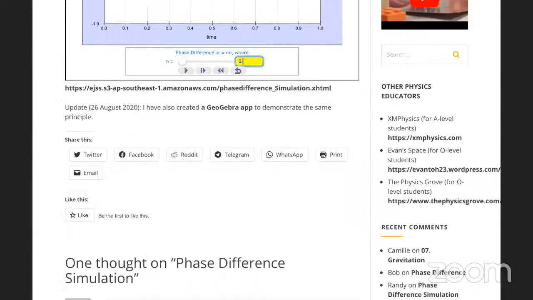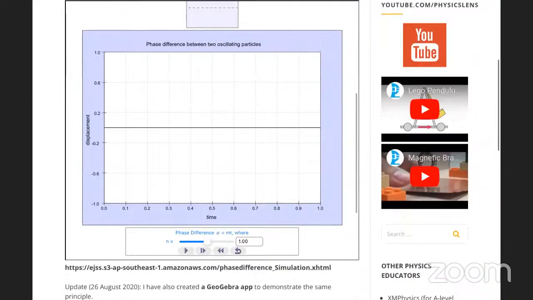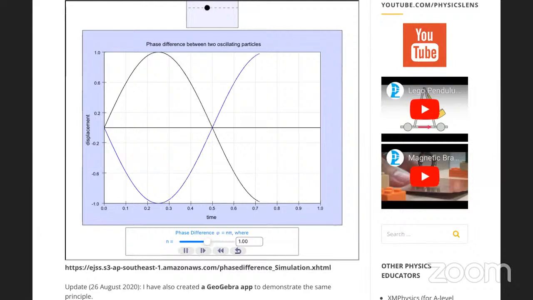So now, let's do 1 pi. There's a phase difference of 1 pi. So one leading the other by a whole pi.